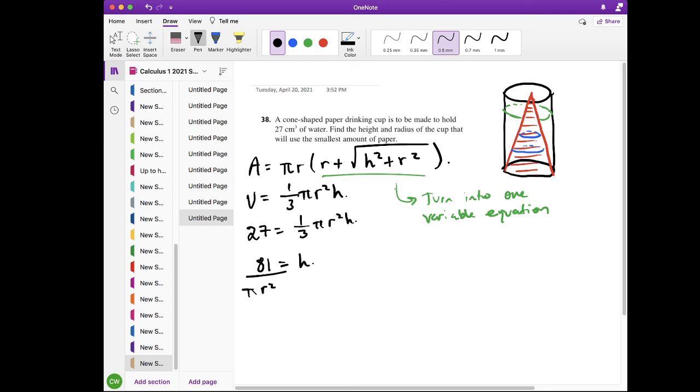So now our surface area function is, I'll just distribute it, pi r squared plus pi r square root of (81 over pi r squared) squared, plus r squared.